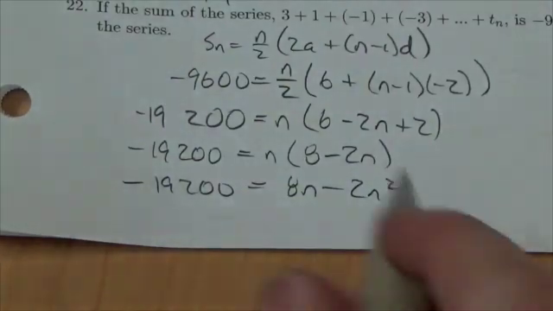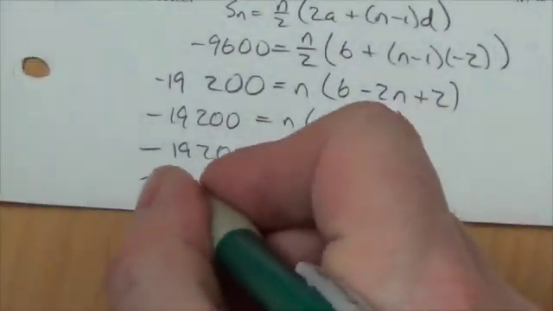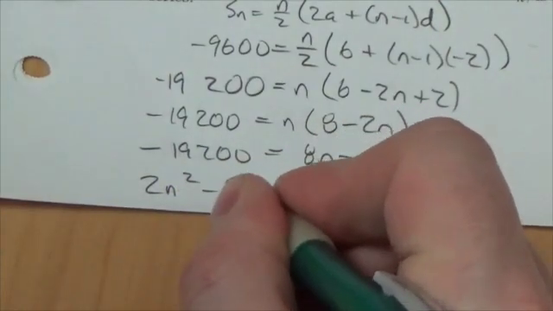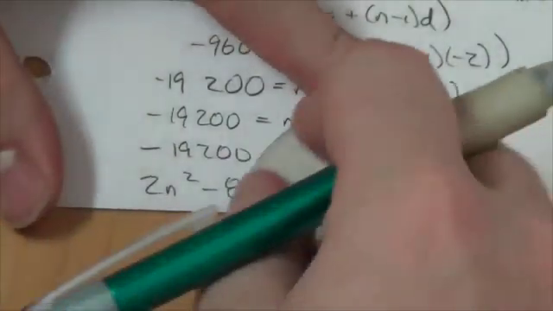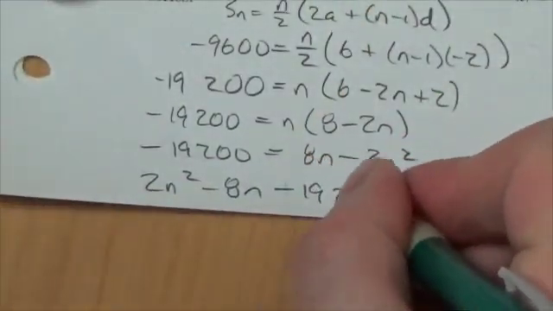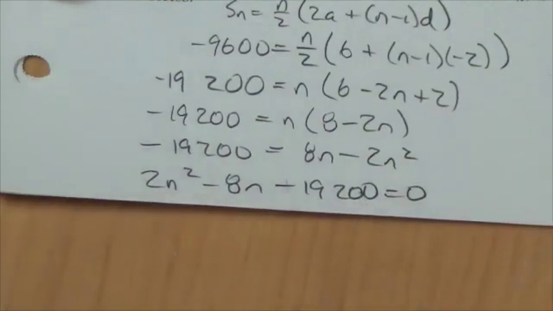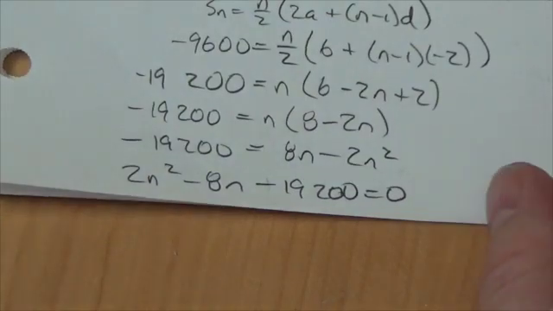There's the quadratic. So let's bring everything over to the other side. I'm going to get 2n squared minus 8n minus 19,200 equals 0. And now we've got to solve the quadratic here.